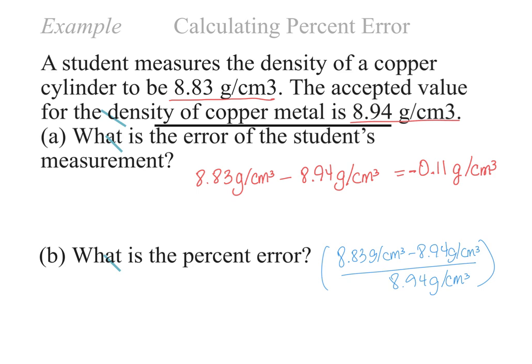So the percent error is going to be the error divided by the accepted value, and then multiplied by that 100 to get your percentage. If you put all that in, you're going to get negative 1.2%. The negative just indicates that you were below the accepted value. So the negative and positive just tell you which side of the accepted value you were on. Were you below it? Were you above it?